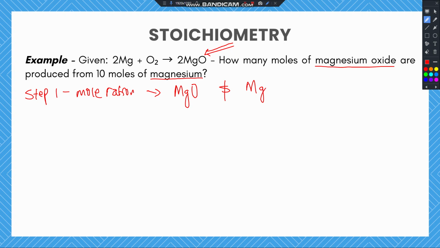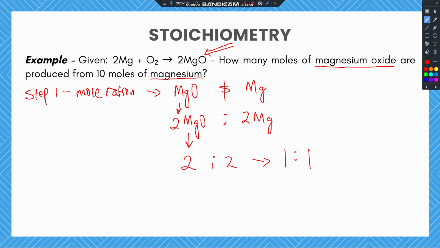From the equation, we have MgO written as 2MgO, and magnesium was written as 2Mg. So the mole ratio becomes 2:2, and we can simplify this to become 1:1.